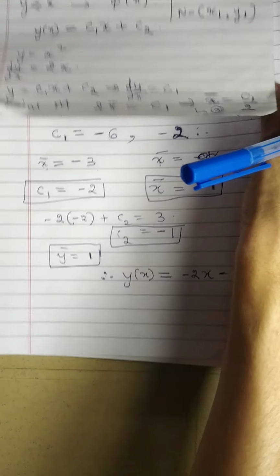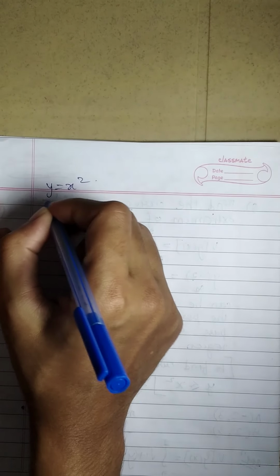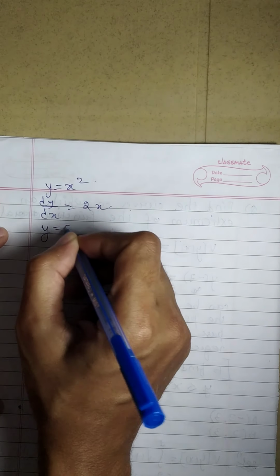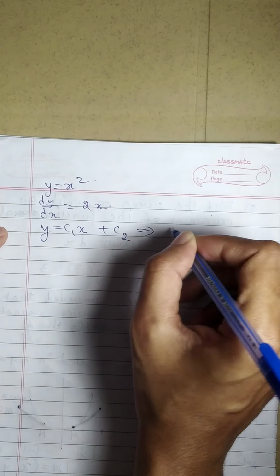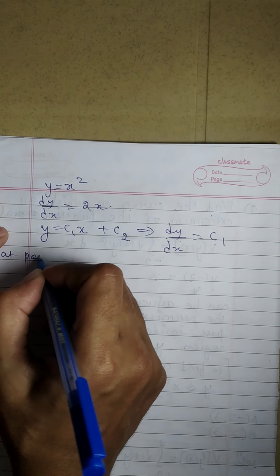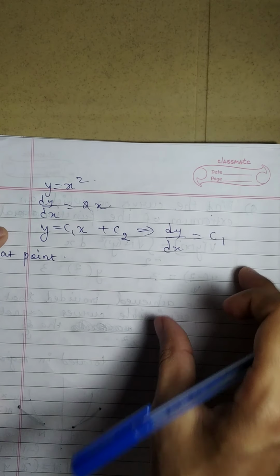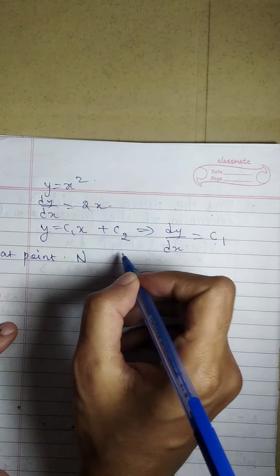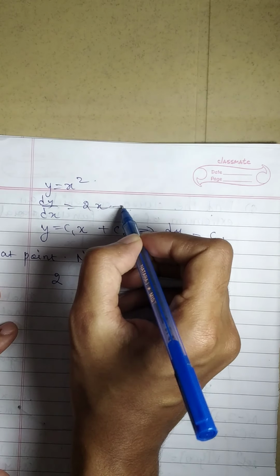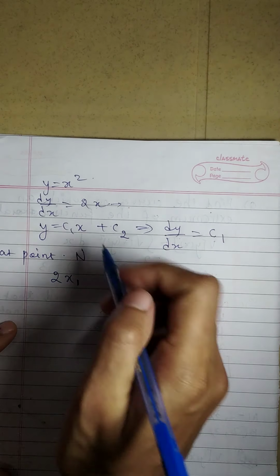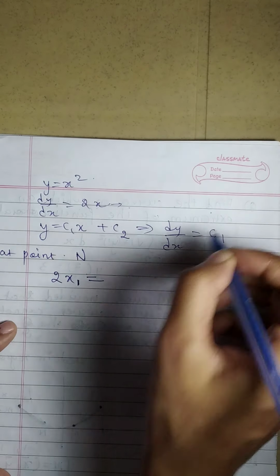So what we will get is dy by dx will be 2x, and y equal to c1 x plus c2, and at point N we will get 2 into x1 will be equal to c1.